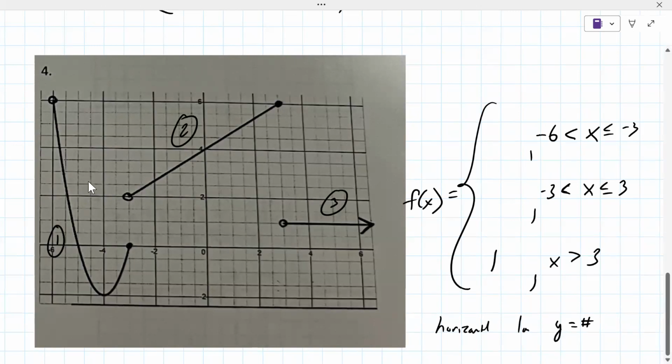All right, number two, this is the mx plus b. See if you can come up with the equation for that on your own, please. Okay, so find the slope.